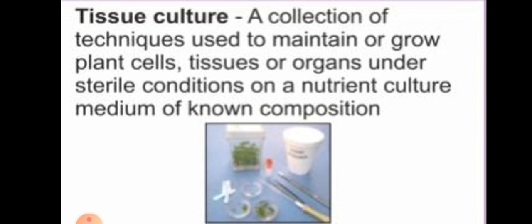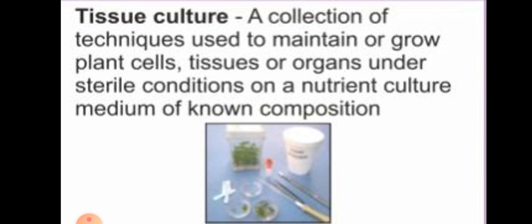Then the next artificial vegetative propagation we saw was tissue culture. A collection of techniques used to maintain or grow plants. Here a piece of tissue is cut from a desired plant and is kept in a nutrient medium under controlled conditions. Slowly the tissue starts growing into a mass of cells called callus.